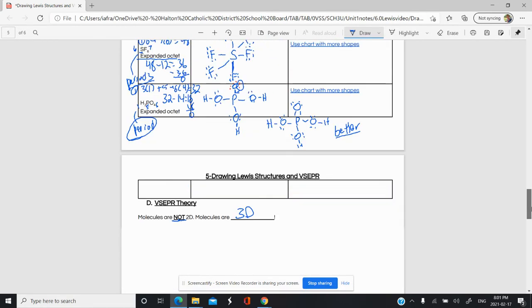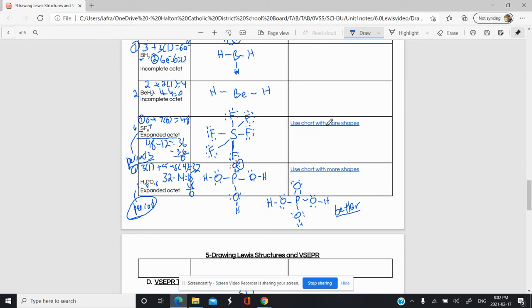There are 2 questions where I give you a VSEPR chart that's a bit more expanded. It has more shapes, and so you usually won't see these ones here. The ones that require more shapes are typically for grade 12 usually. But if you do see them in extra worksheets that you do, you can take a look at this chart here, and it works the same way.